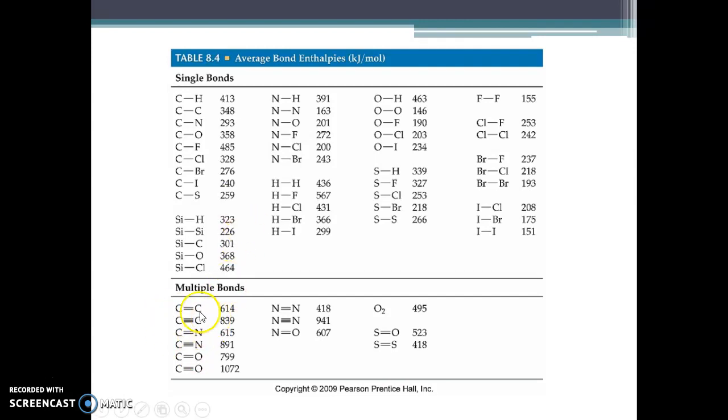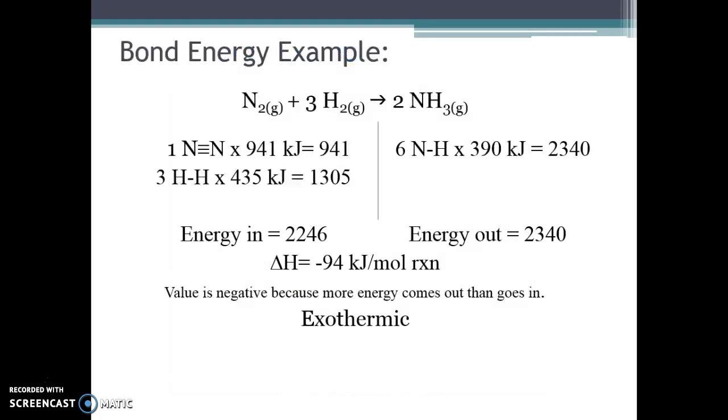I also want you to notice that for multiple bonds, as you go from a single carbon-carbon bond, 348, to a double bond, 614, to a triple bond, 839, obviously to break more than one pair of electrons apart, it's going to take more energy. So depending upon the kind of bond you have, different amounts of energy are required.